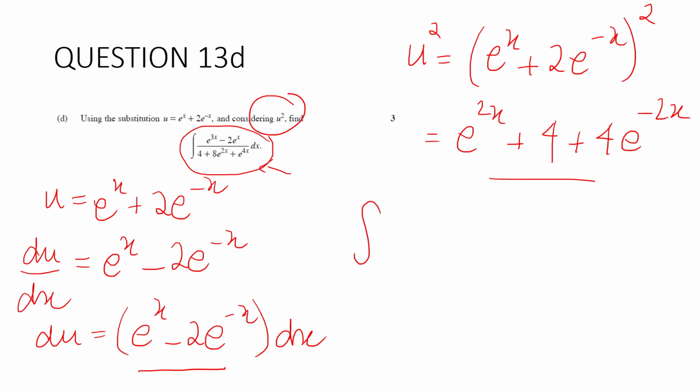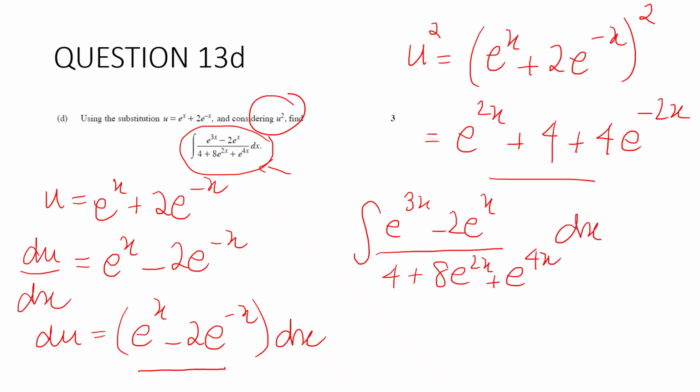So instead of having (e^(3x) - 2e^x) all over (4 + 8e^(2x) + e^(4x)), I'm going to divide top and bottom by e^(2x). And I think that's going to end up giving me something that looks more like what we've got there.